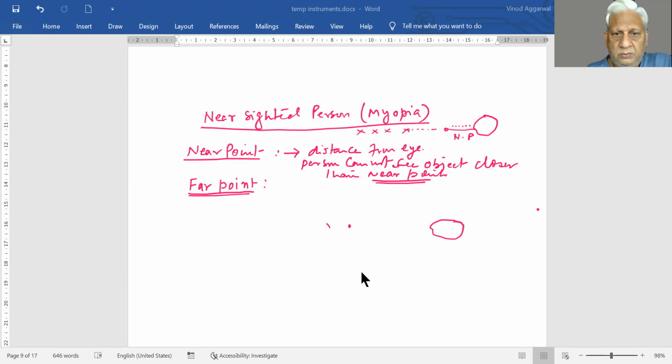If, for example, this distance is the far point, then the person can see anything placed closer than this. But if he goes away from this place, he cannot see it. This is the farthest point from the eye which he can resolve.